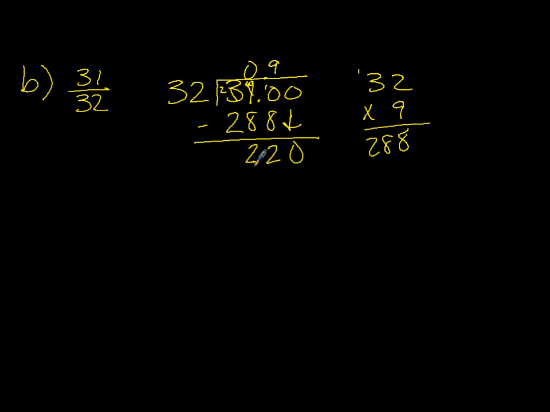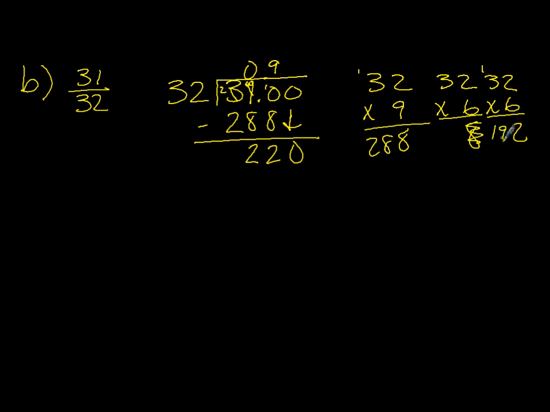32 goes into 220, so I said about 3 times per 100. So I'm going to try 6 times, but it might be a little bit too low. 192.